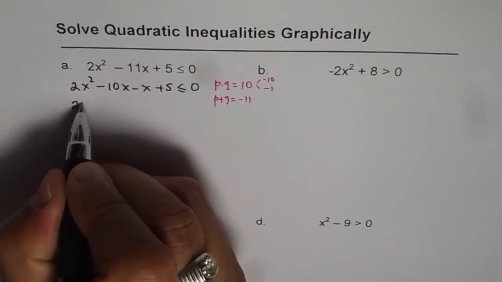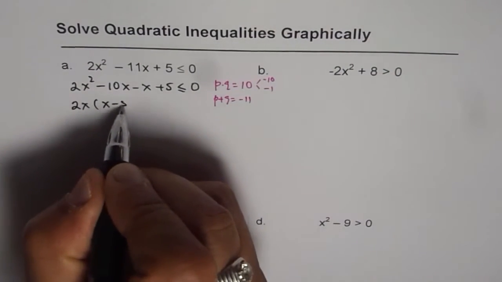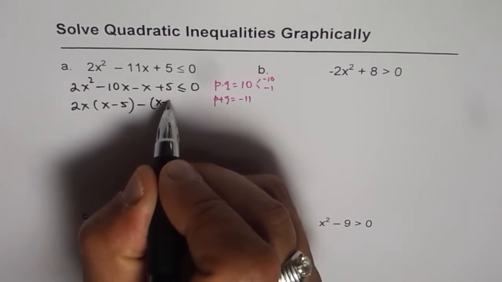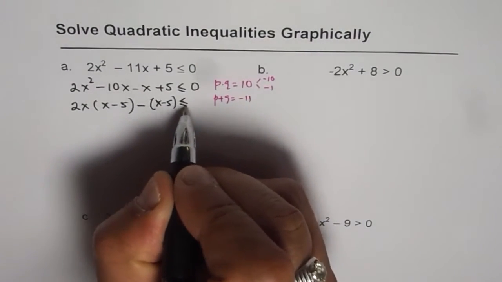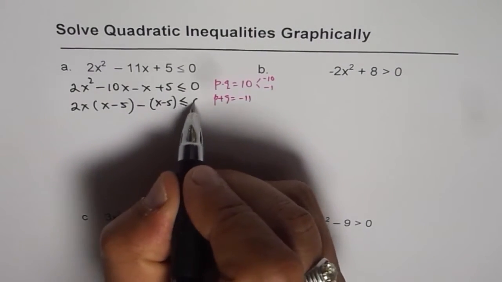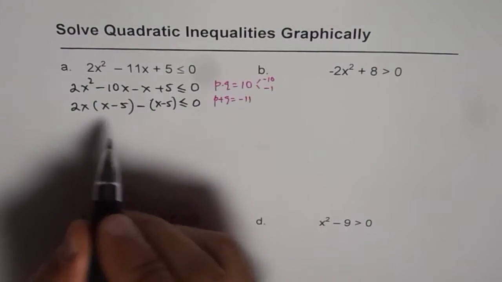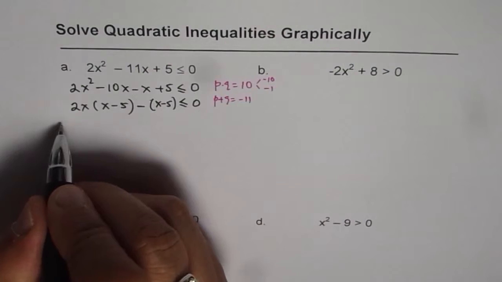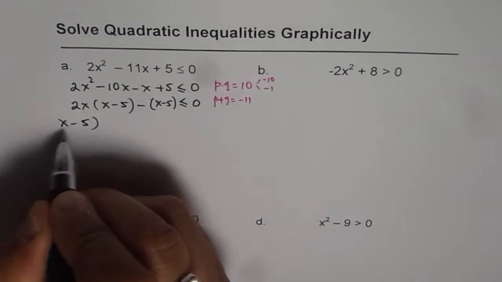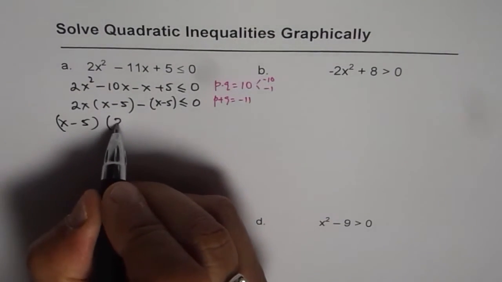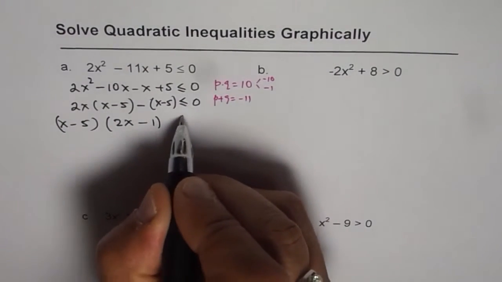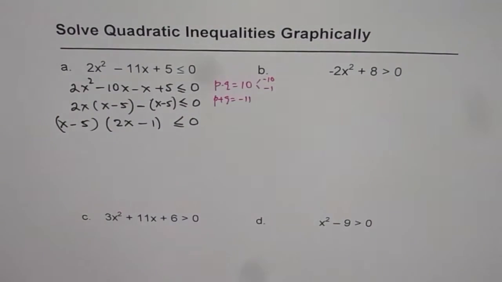So we get 2x times (x minus 5), and here we can take minus 1 common to get x minus 5 as a common term for the next step of factoring, right? So always it will be like this, so you should look for it. So x minus 5 is the common factor. You get 2x from the first term and minus 1 from the other, less than or equal to 0.